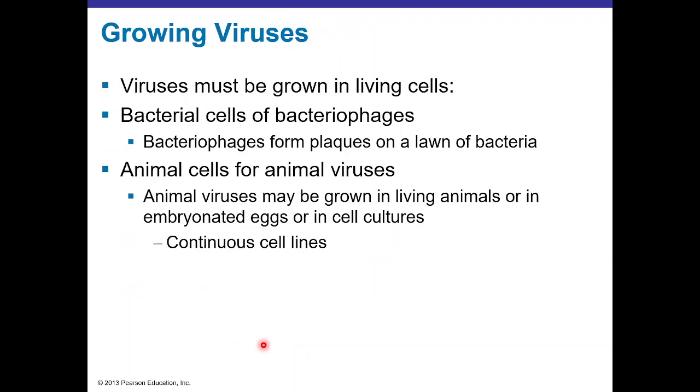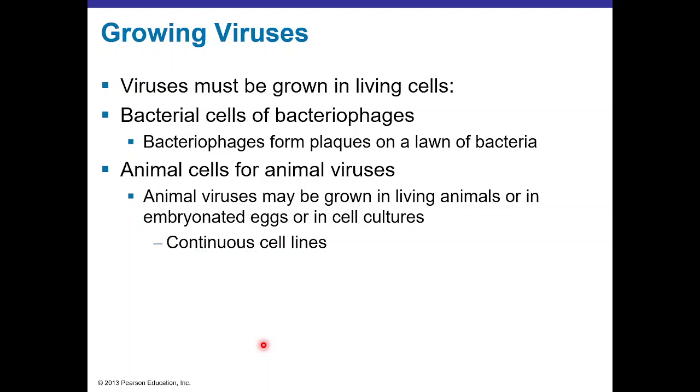In order to grow viruses in the lab, you cannot use a petri plate with normal media that we use for growing bacteria or fungi. You have to use living cells.